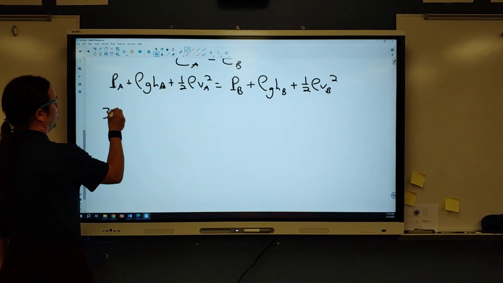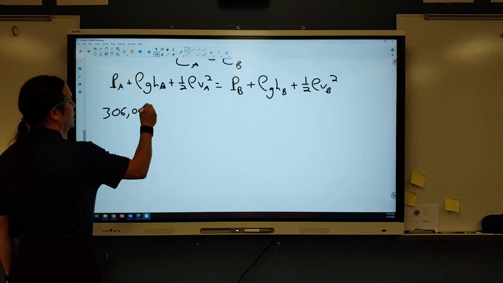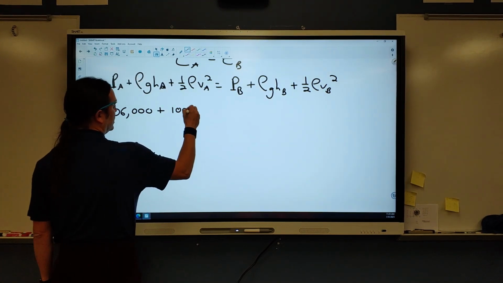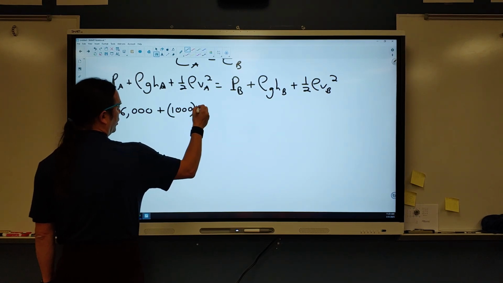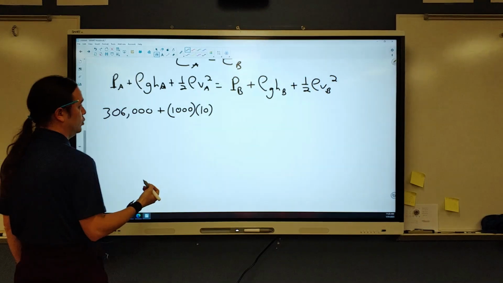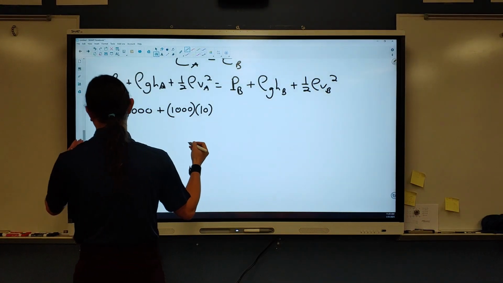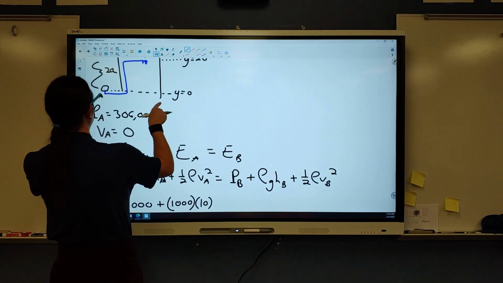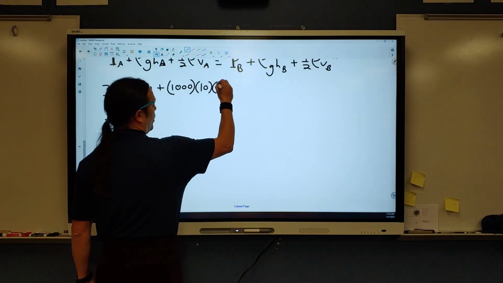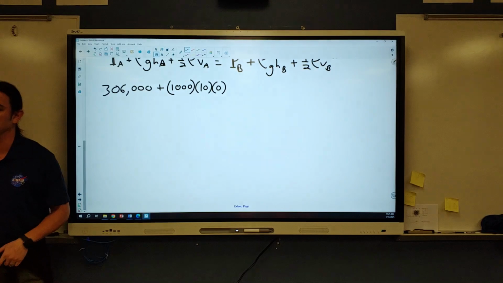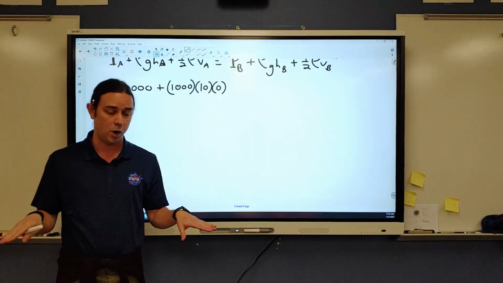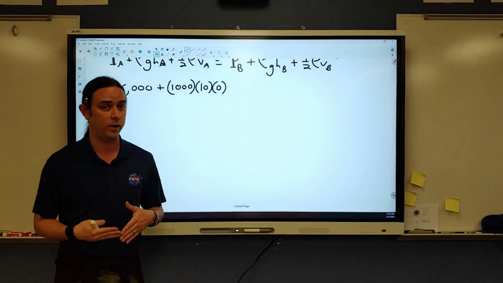The pressure is 306,000 pascals plus rho, which is 1,000 kilogram per cubic meter, we're dealing with water, times g, we're going to use the AP simplification with 10 Newton per kilogram, or 10 meter per second squared, and I need my height at position A, or y_A. In this case, I'm setting that to be my reference height. Remember, this functions a lot like gravitational potential energy, so we can define our y equals 0 or h equals 0 wherever we would like.